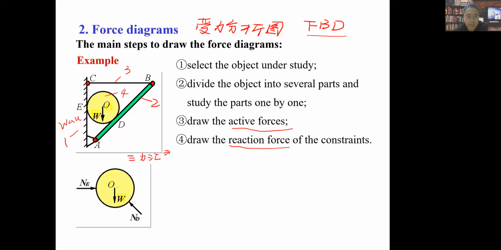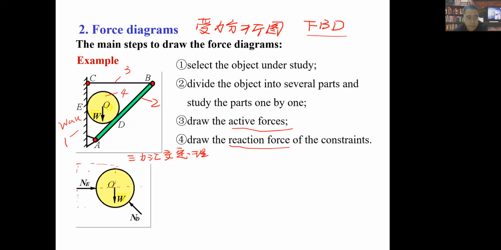Yes? 三力会交定理, the principle. Actually, we have a two-force equilibrium body, and this is 推论, right? Because we can arbitrarily select two forces to find their resultant force.